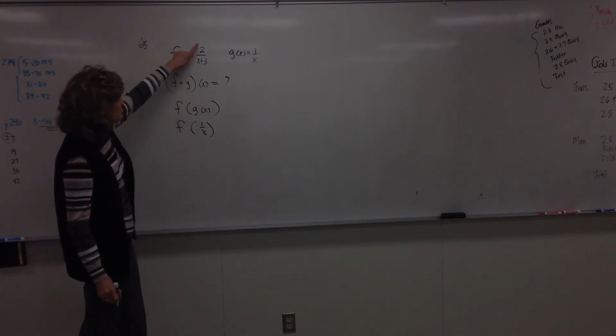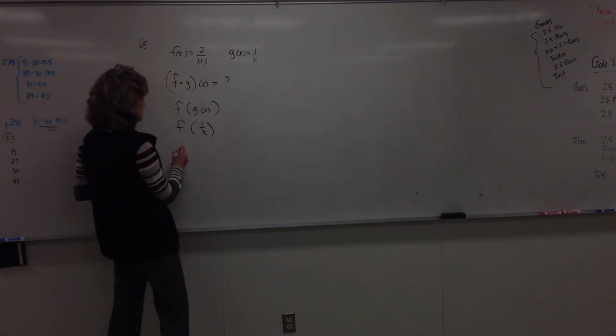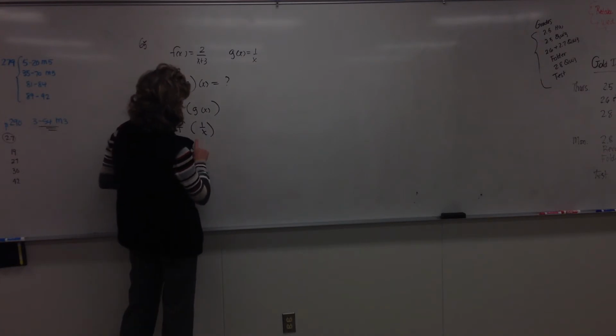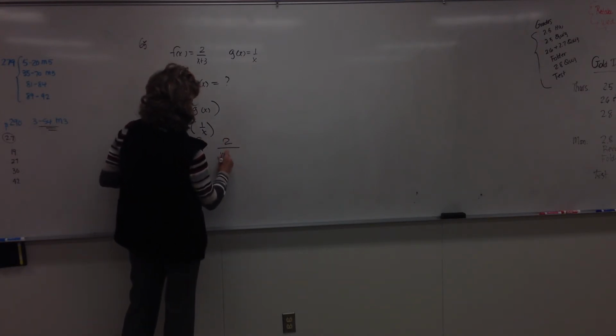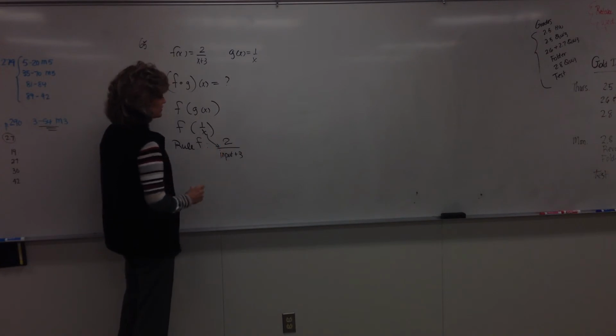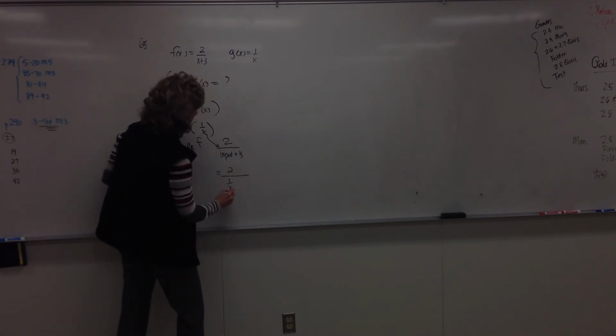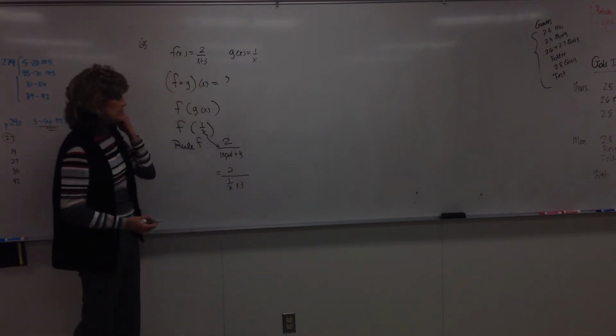Rule f says do 2 divided by whatever your input is plus 3. Sometimes it helps if you actually write a rule in words. So the rule for function f is do 2 over the input plus 3. So if the input is 1 over x, then you will do 2 over 1 over x plus 3.